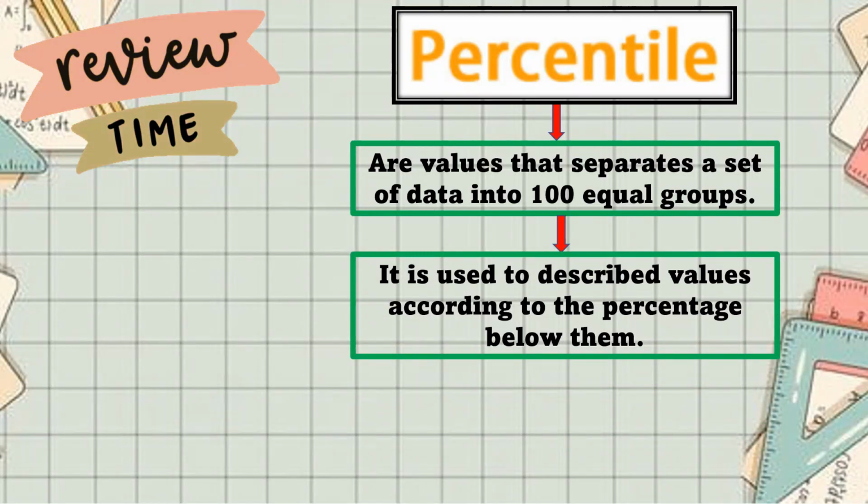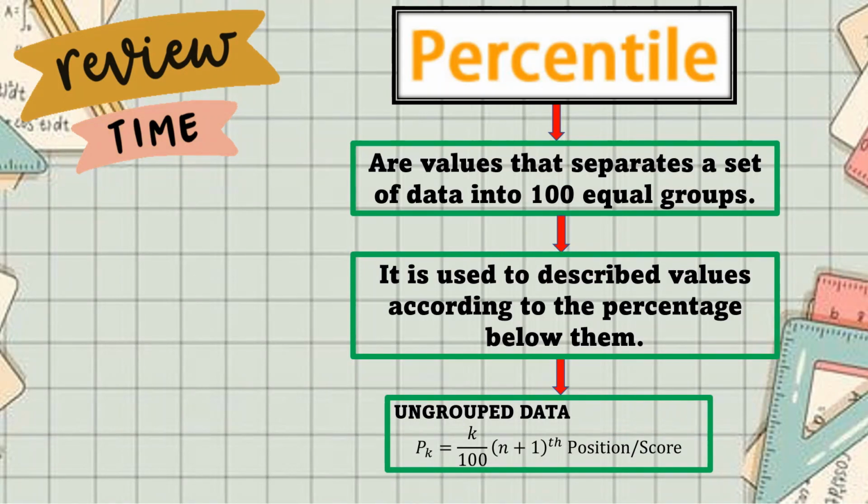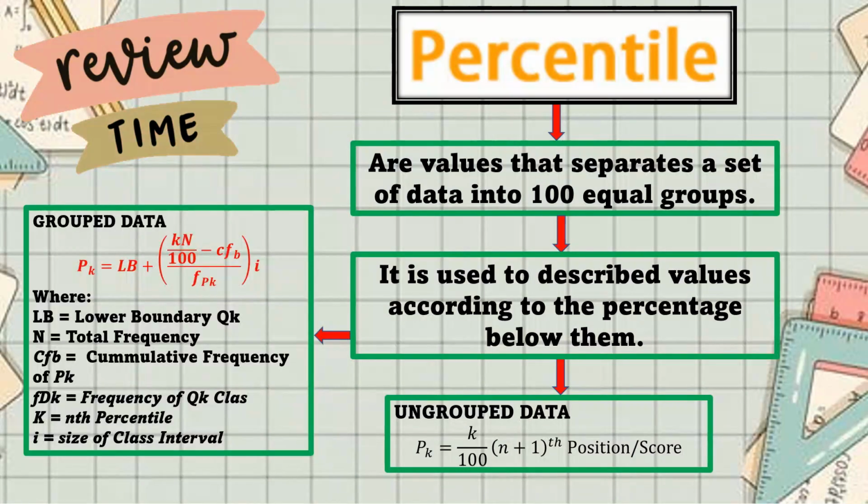It is used to describe values according to the percentage below them. To find the percentile for our ungrouped data, we use the formula P sub k is equal to k divided by 100 times n plus 1. And then we do the linear interpolation. And then for our grouped data, we use the formula P sub k is equal to LB plus (k times n divided by 100 minus CFB) all over FPk times i.